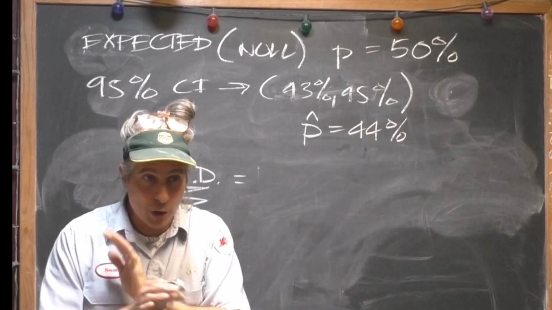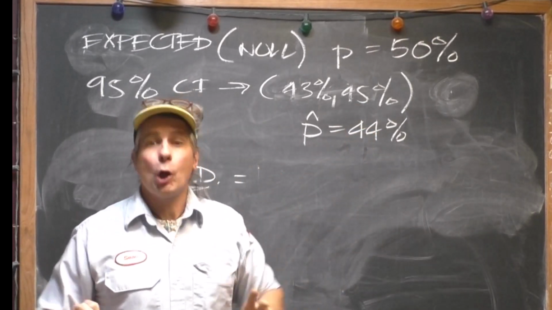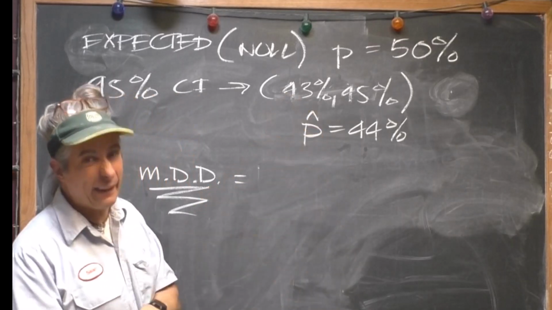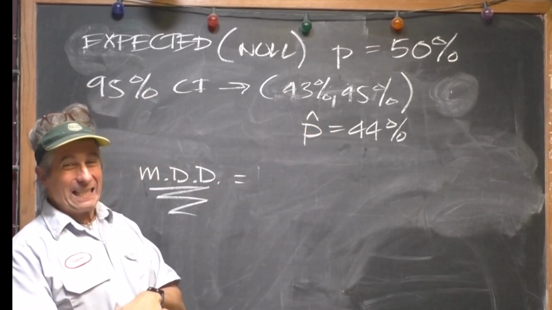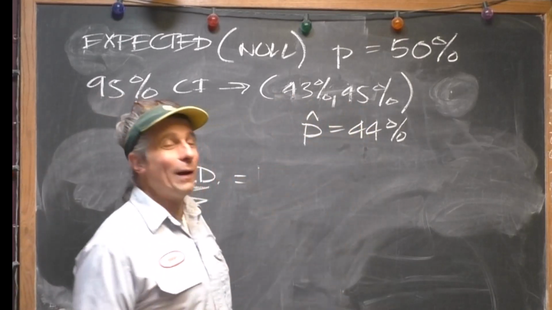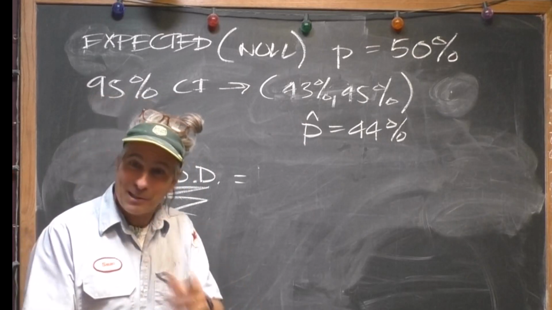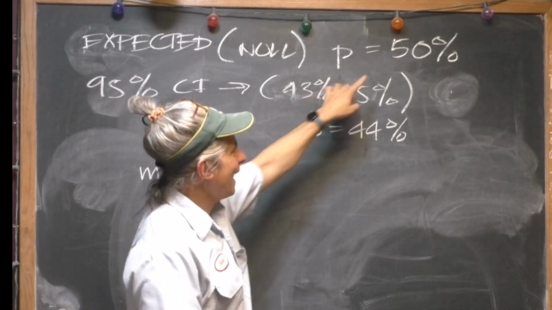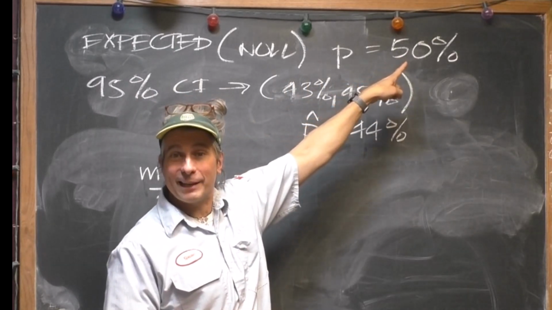Now, we don't know for 100% certain where the true population proportion of spinning heads is. We are just statistically confident it's in this range somewhere. What is the minimum difference between this range and the expected value of 50%?